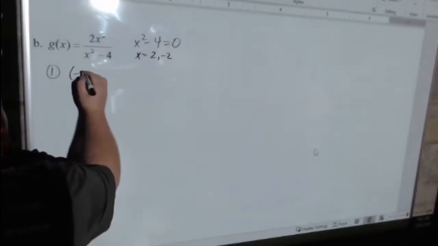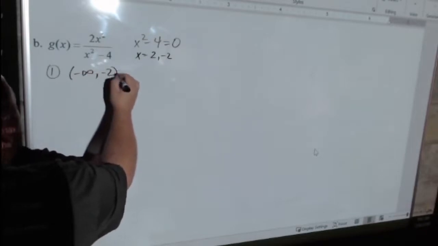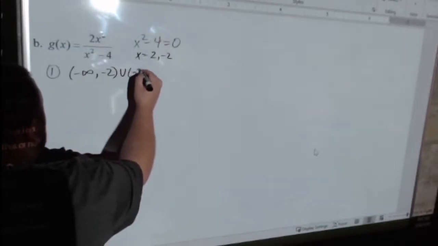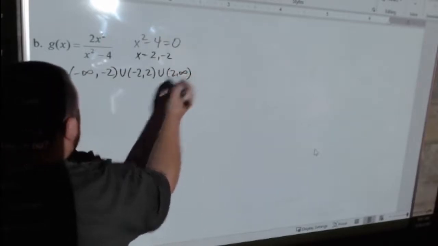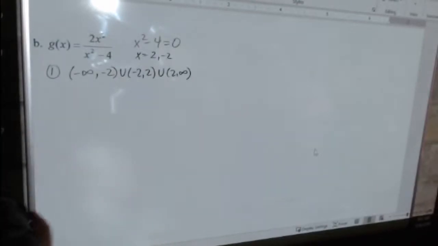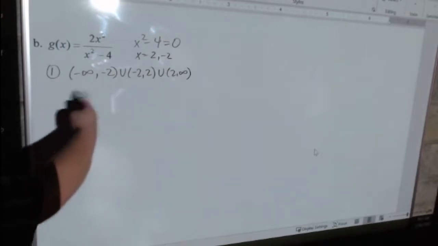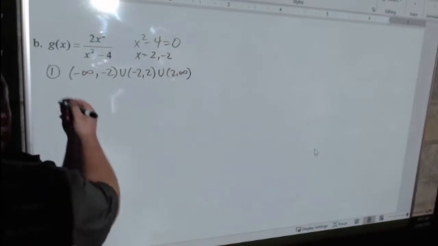So my domain is minus infinity to negative 2, negative 2 to 2, 2 to infinity. A lot of people will leave out the negative 2 to 2 part. Okay. So clearly we already know that this thing has an asymptote, but we'll find that here in a second.